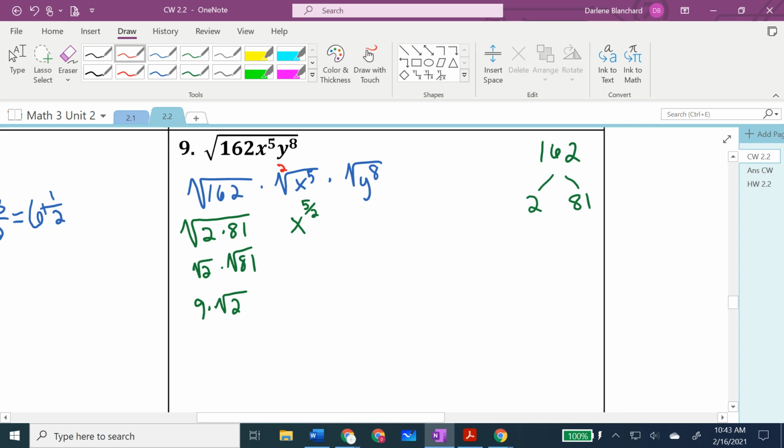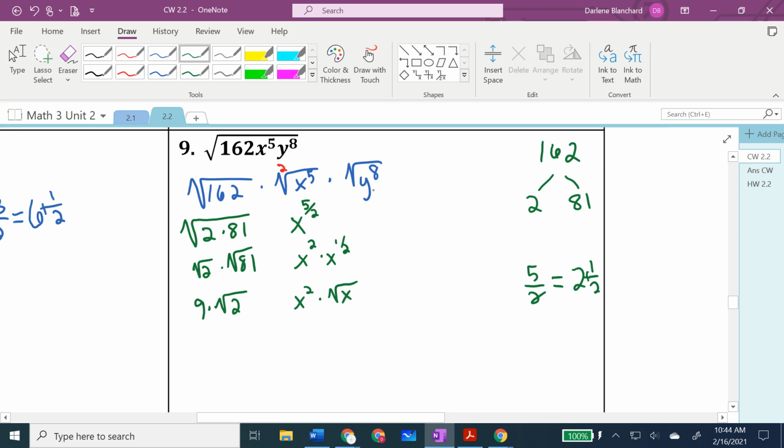So 5 divided by 2, 5 halves, written as a proper fraction, is 2 and 1/2, which is 2 plus 1/2, which means this is x squared times x to the 1/2 power, which you would write as x squared times the square root of x.